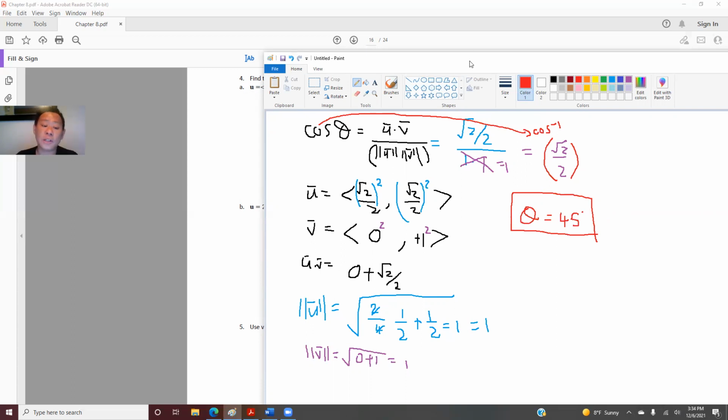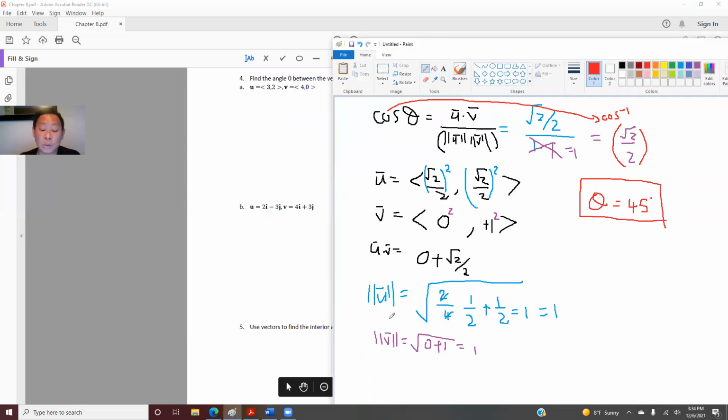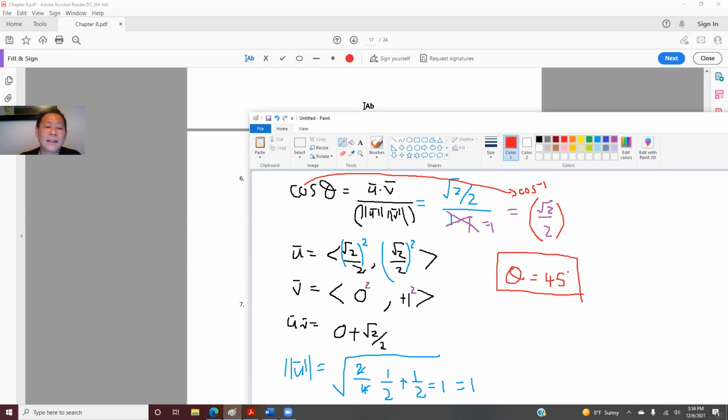So if the question is given to you in the i j form or in a direction form, just change it into a component form. And then after that, you just do the dot product, U dot V, and then do the magnitudes of U and V in this case. Okay. I think the last thing that we talk about here is to figure out, are they orthogonal?